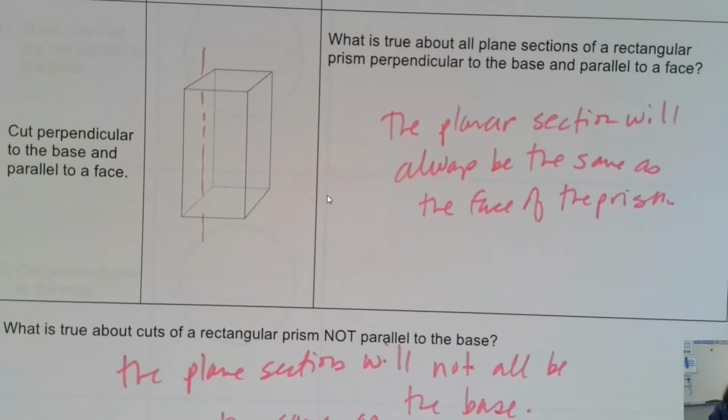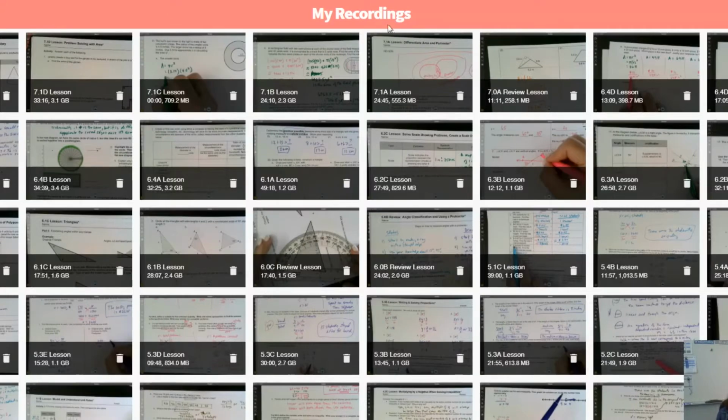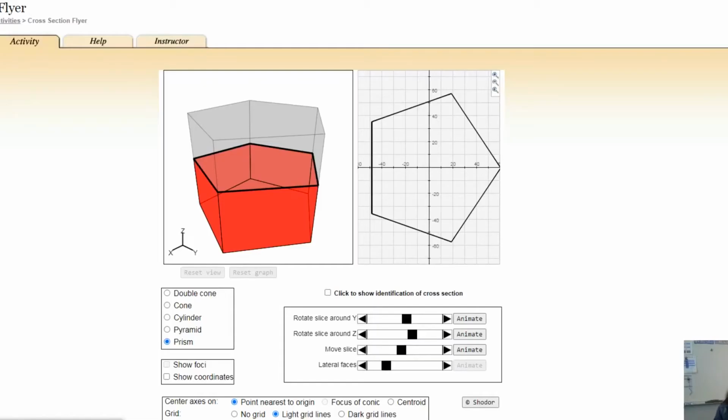Let me show you a website that you can go to play with these if you're having a hard time visualizing these. So let me click over to this one right here. Take note of this web address: shodor.org/interactivate/activities/CrossSectionFlyer.